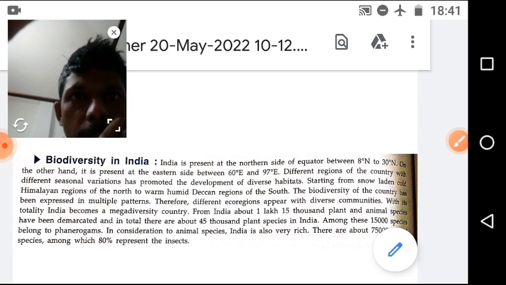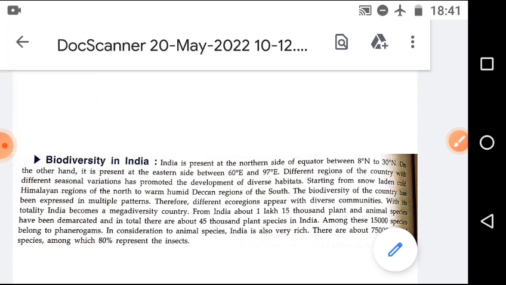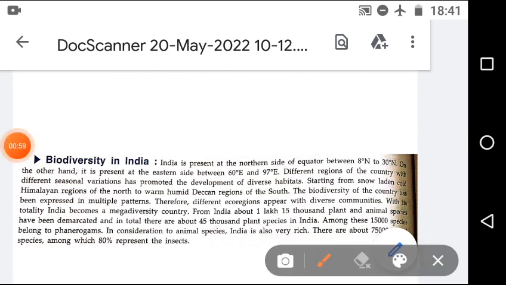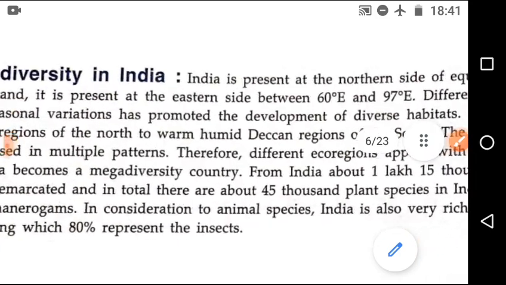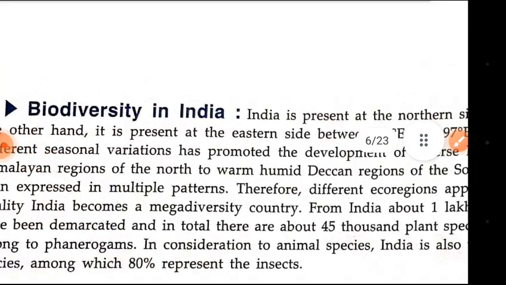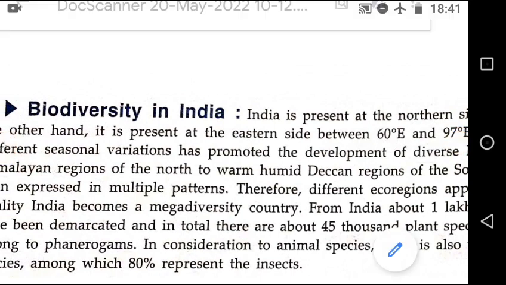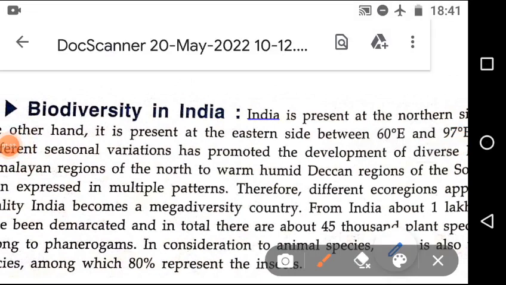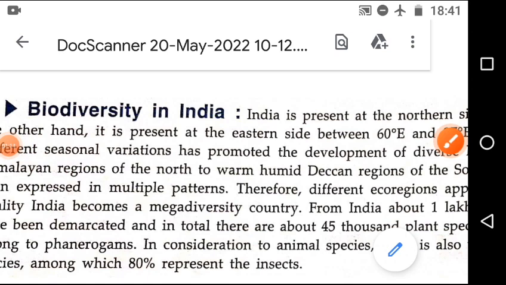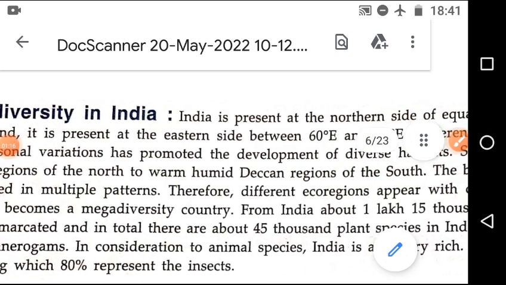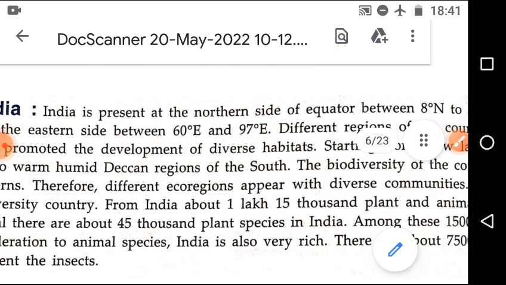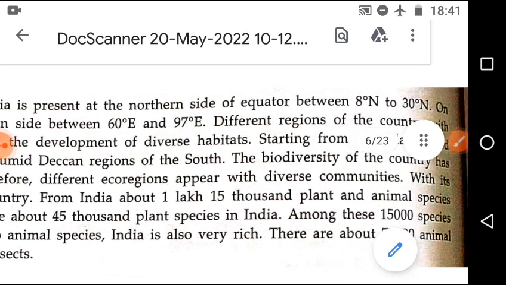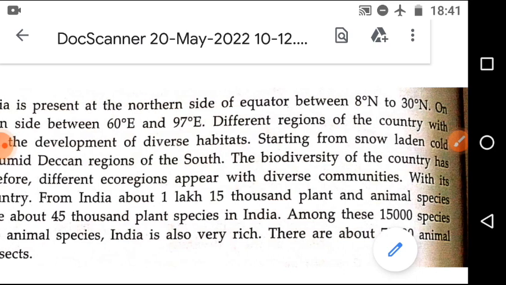India is considered to be a mega biodiversity region. Why? Let us see what is written here. From the first line, you have to study. It is saying that India is present on the northern side of the equator between 8 degree north and 30 degree north.